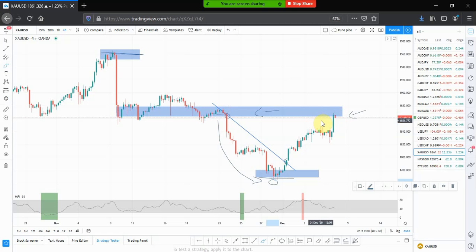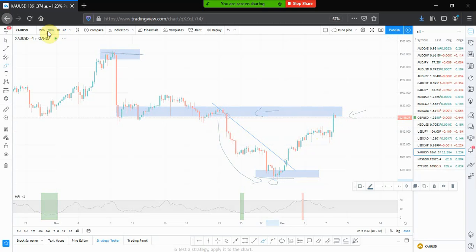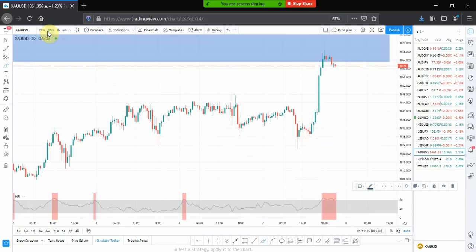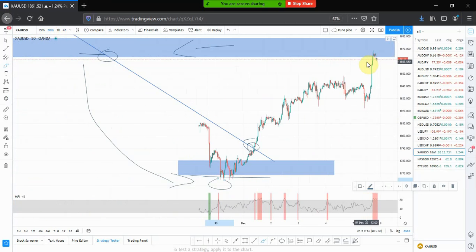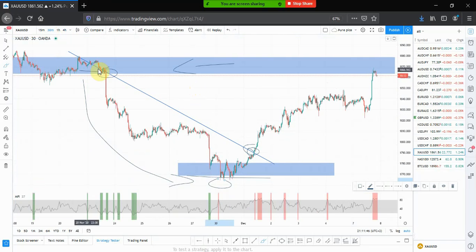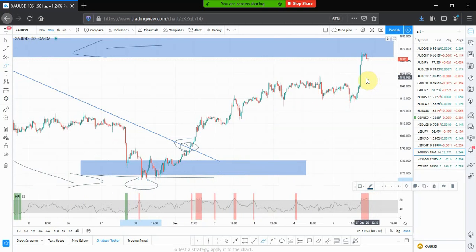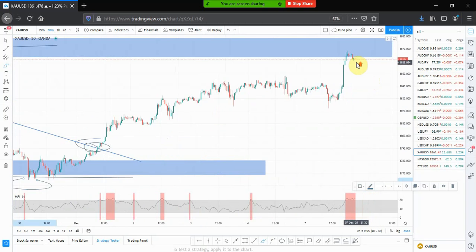So that's why, if we go on our lower time frame, we have a pause or a reaction on the price. You can see that price is reacting right there on the seller's territory. These are the territories that are visible on the higher time frame. So here, that's where the seller took the price all the way down here. Now you can see that the price is reacting from that territory.